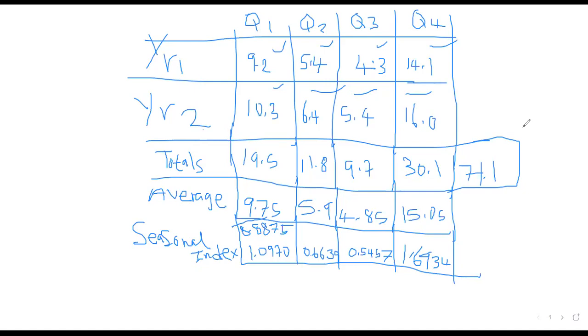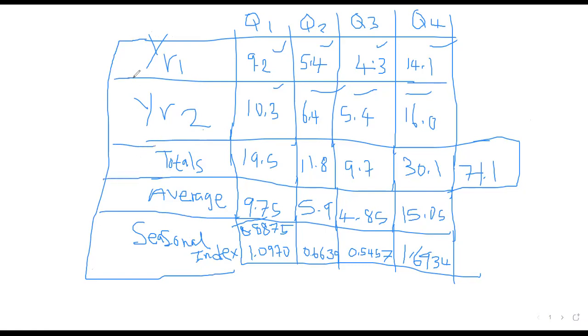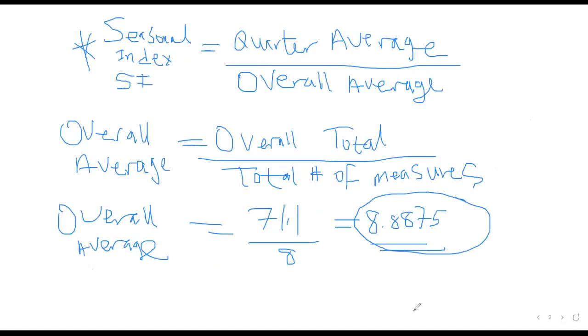It gives us 71.1. Are we together there? Yes. After adding all those, we find the average for year 1 and 2, these figures ticked from 9.2 up to 16. It is the mean of these numbers, so the 8 here is the count, and the average is 8.8875. This is where it comes from.